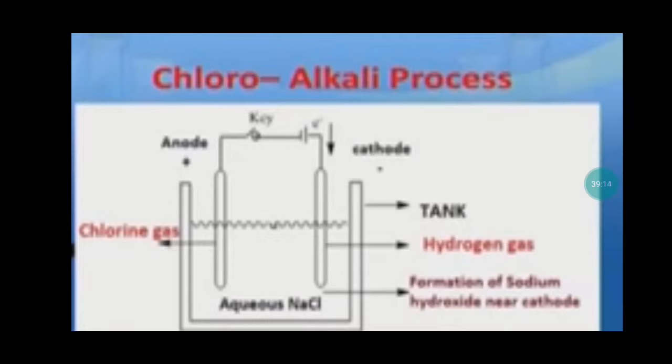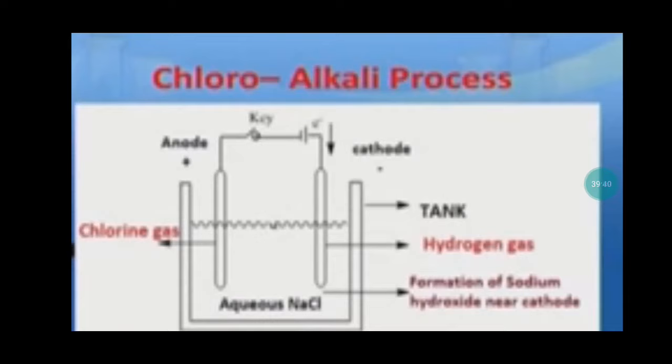Here cathode, and the chloride ion at the anode. It is attracted towards the anode, which is the positive terminal. Remember, students, the anion has a negative sign, Cl minus. The anode is the positive terminal. Therefore, Cl minus ions rush towards the anode and are liberated in the form of chlorine gas.